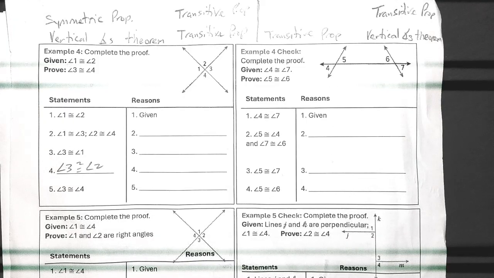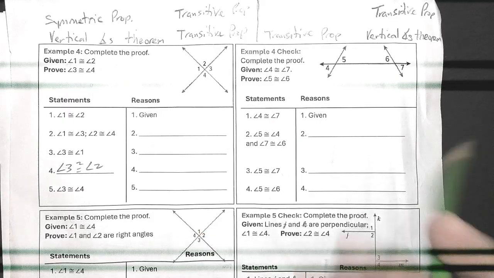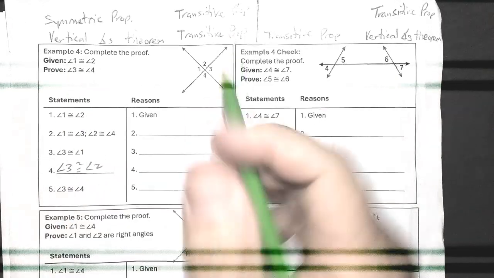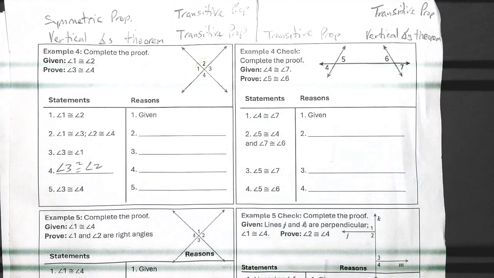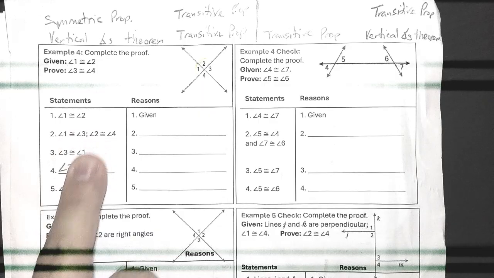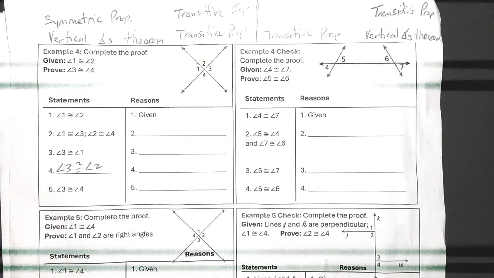So I'm not going to mark what we know by vertical angles. I'm going to start by marking what they tell us, that 1 and 2 are congruent, and that is given. All right, so now 1 and 3 are congruent, and 2 and 4. So that was what I was saying before.